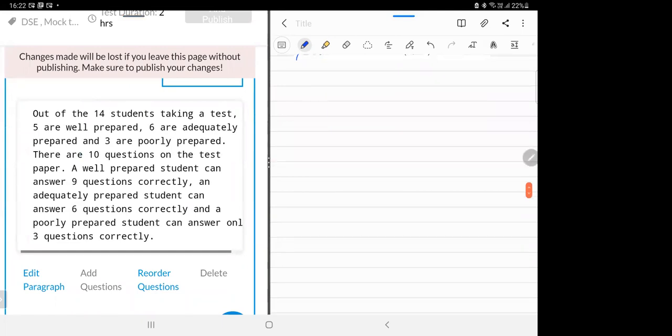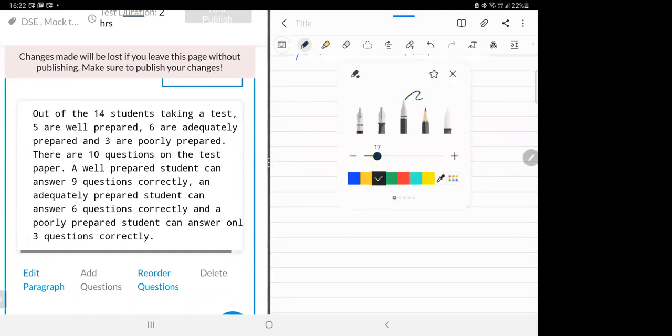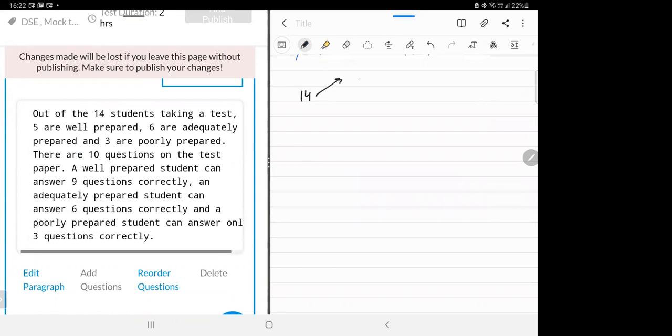So out of 14 students in total, I have 5 who are well prepared, 6 who are adequately prepared, and 3 who are poorly prepared.